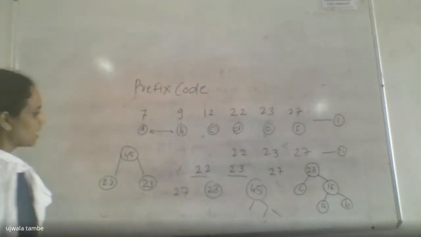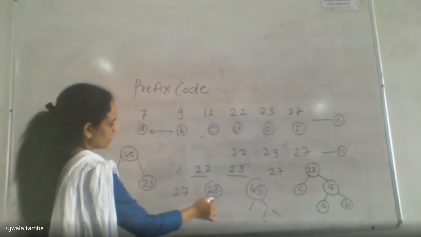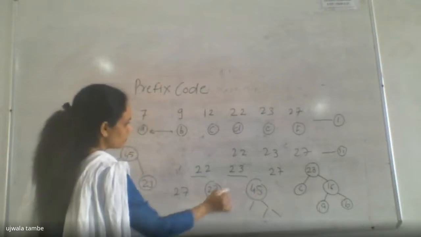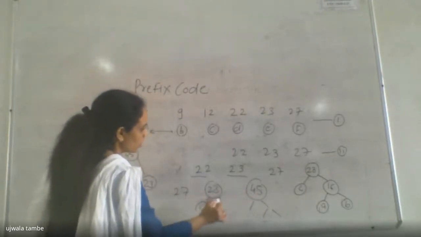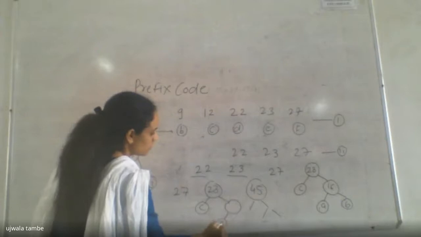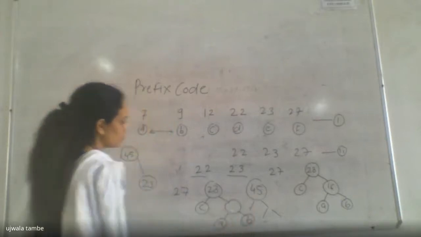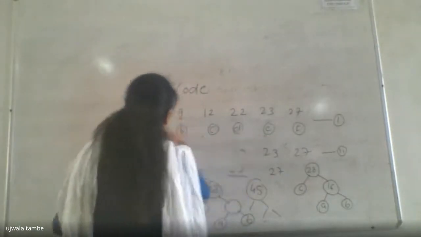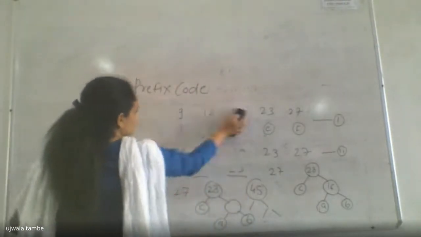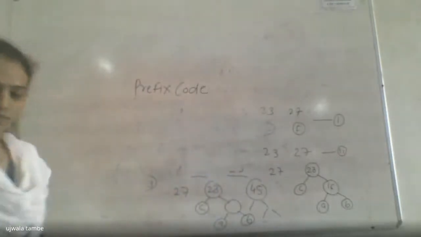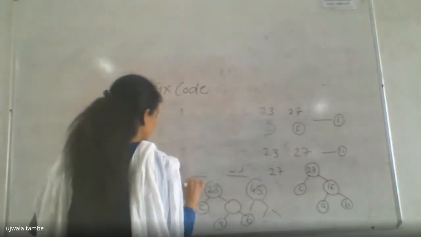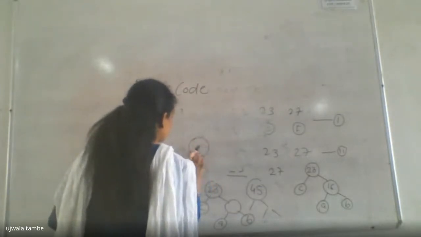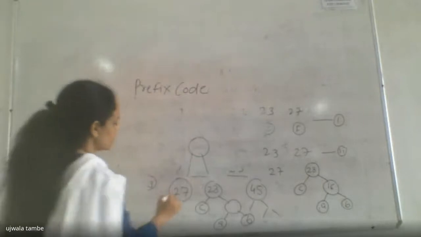After that, 27 and 28 are the minimum, then 45. Make sure we draw this entire structure as it is, with A and B. Again we have to add the minimum ones, that is 27 and 28. This is our one node. What is the frequency for 27?